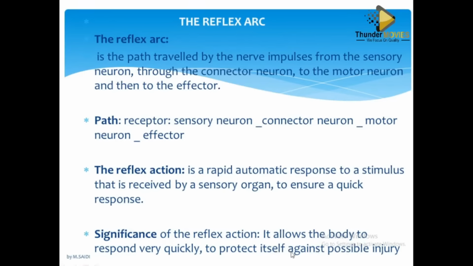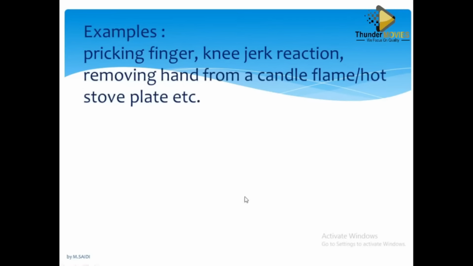Therefore, the reflex action protects the body from danger because of the rate at which it responds to the stimulus. Some of the examples include pricking the finger, knee-jerk reaction, removing the hand from the candle or hot object. All those are protective measures which protect the body from danger.